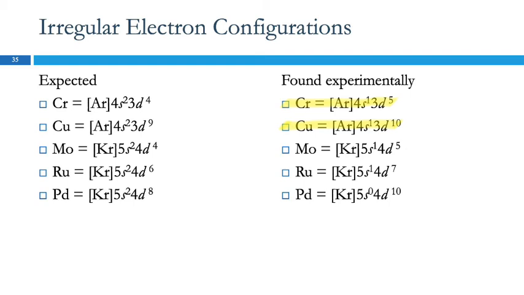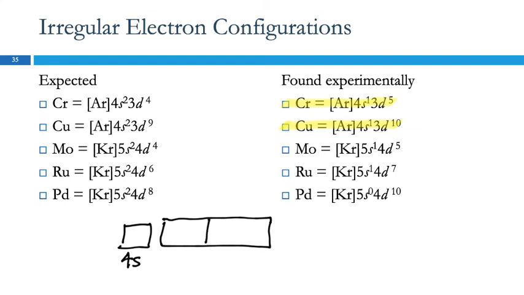So let's do this. Let's draw the orbital diagram for the electrons after the noble gas. So there's the 4s. And then the next room is the 3d. It's got 5 beds. So that's 3d. So if we look at chromium, we've got 6 electrons to stick in there, and this is what we expect.